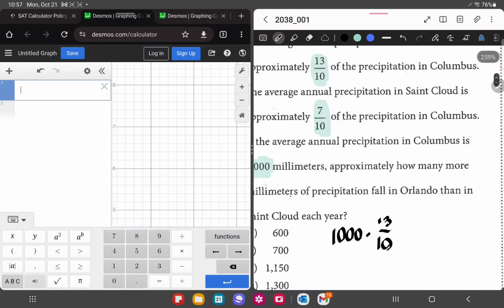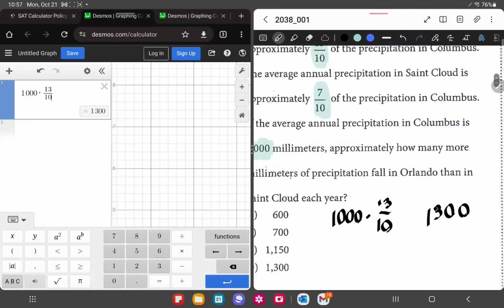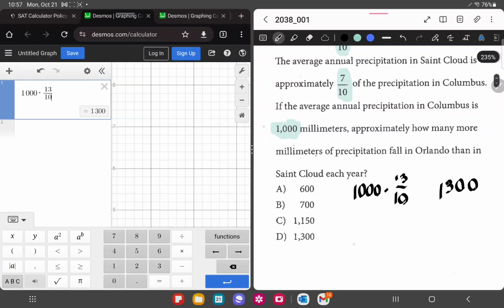Then you calculate, you can just type it out. So 1,000 multiplied by 13/10, which is going to give me 1,300.